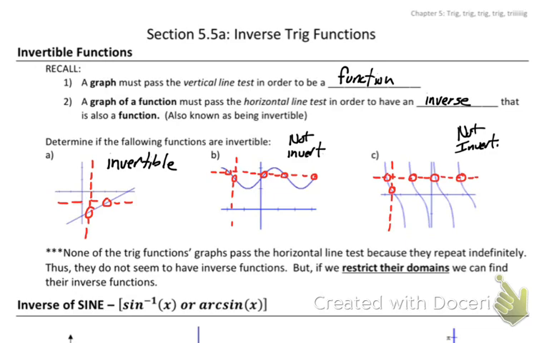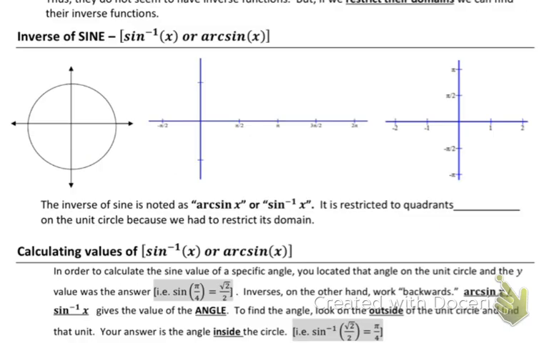Currently it is not set up that way. So what we have to do is limit our domain. We aren't going to cover this whole section. We're just going to reduce it to a little section that is both a function and invertible. All right, and I'll show you what that looks like on this next part here. So we're just going to condense what we look at in order to say, hey, this is invertible.